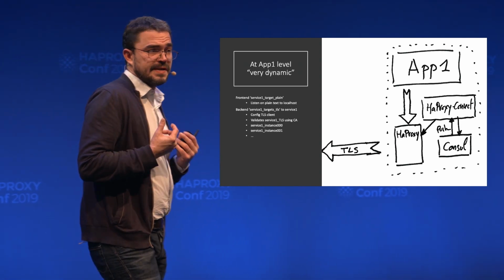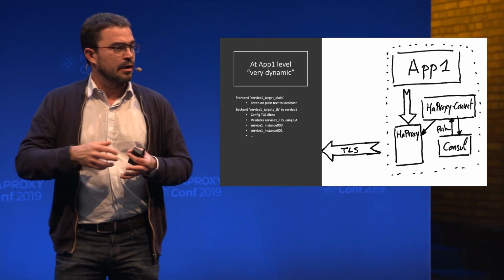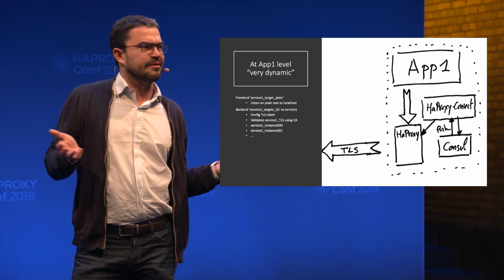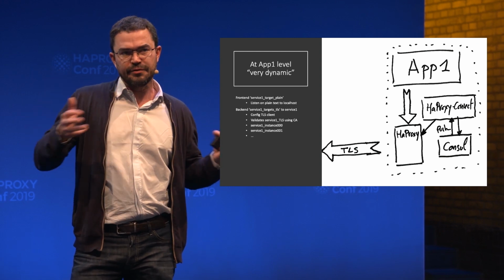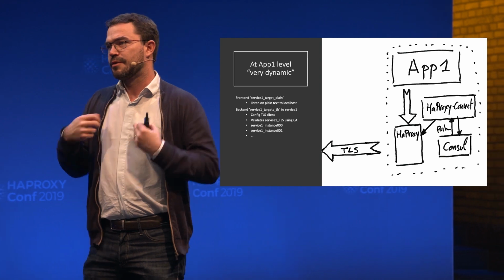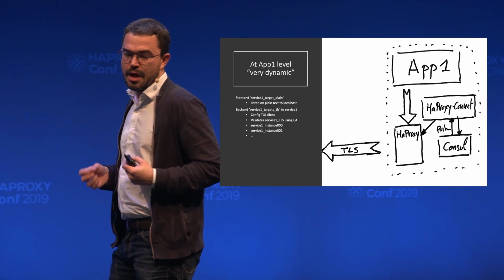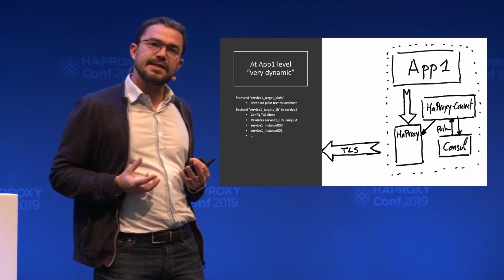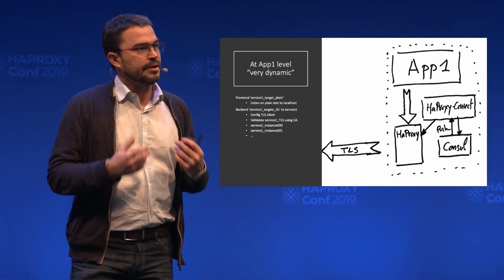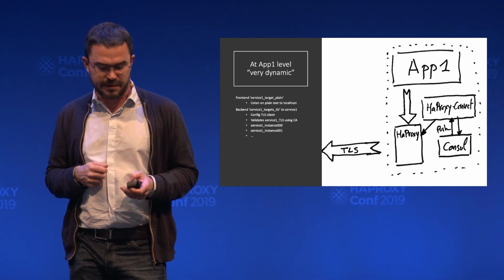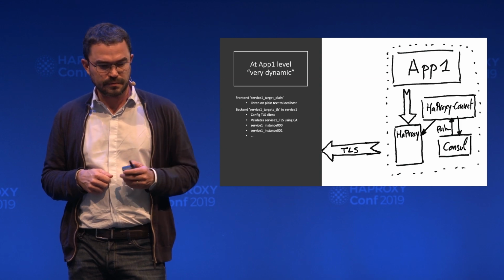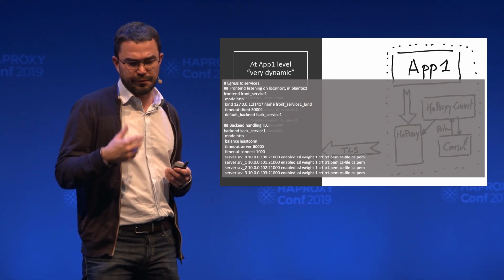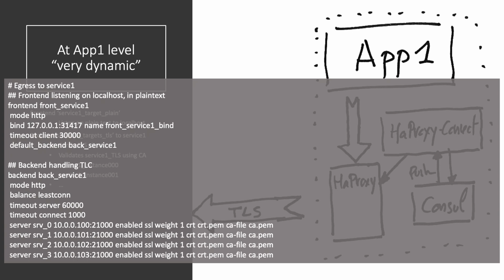In our systems, for instance, we've got services where we've got more than 2,000 different instances, meaning that those things do change all the time. And HAProxy Connect will be responsible for updating this information live, reaching the correct targets every time. So this is the kind of configuration it will generate into HAProxy itself.